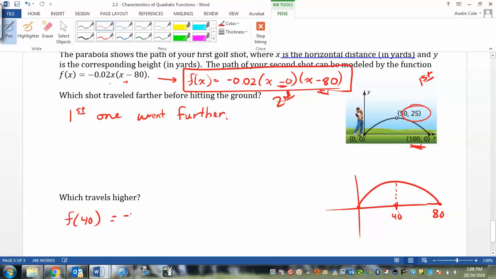So negative 0.02 times x minus 40. Oop, I lied. I need to do 40 minus 0. Well, if it's minus 0, I'm not even going to include it. So we'll do 40 times 40 minus 80.